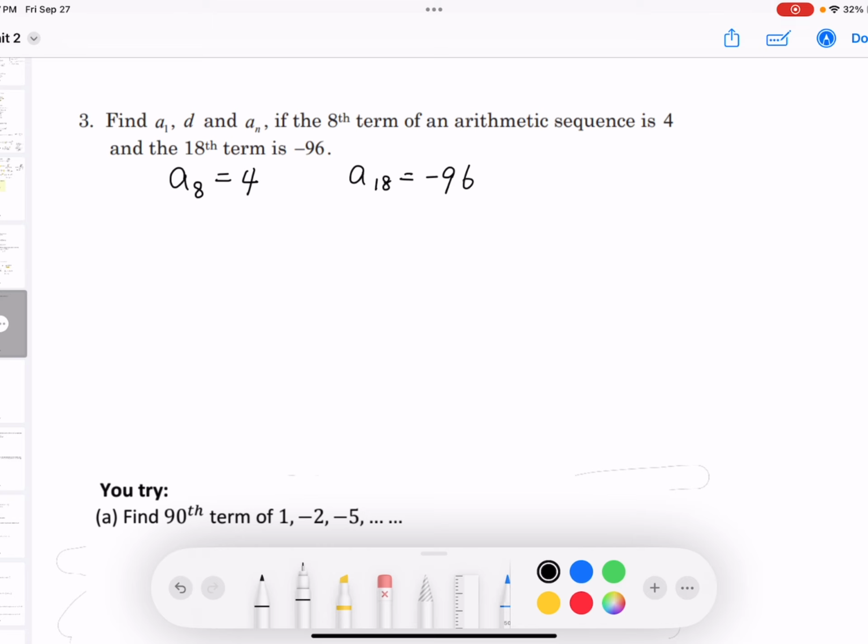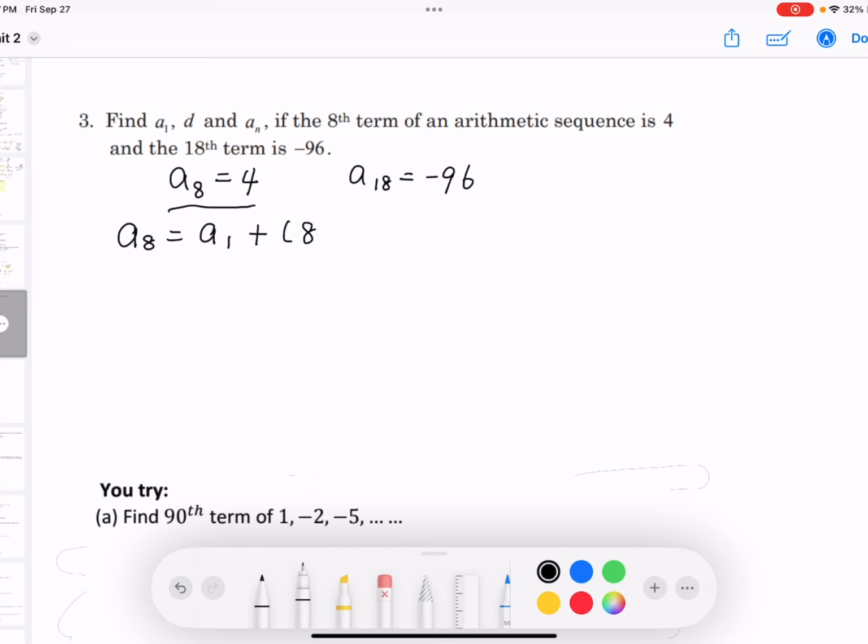What is the relationship between a sub 8 and a sub 1 and d? And later we talk about a sub n. So we can list the equation here, which is a sub 8 is equal to a sub 1 plus n minus 1 times d, where n here is 8.